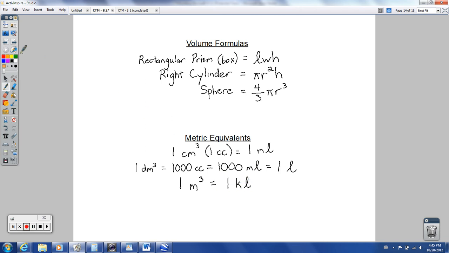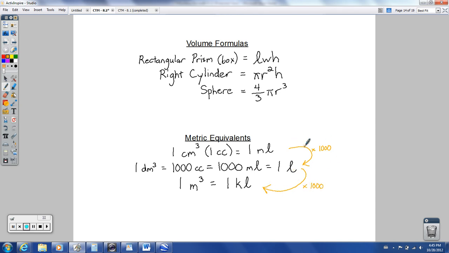Now I want you to get that different color out again, just to differentiate this. So from here to here, it was times 1,000. It's 1,000 times bigger. A milliliter to a liter is 1,000 times more. And then the same thing from a liter to a kiloliter is 1,000 times more.